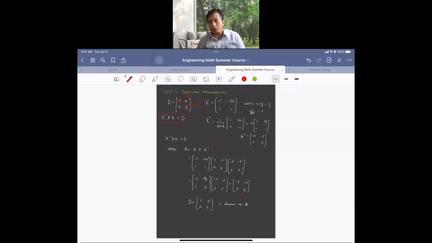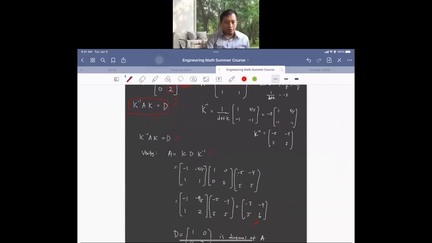In the morning sessions, we developed a new section on the matrix that we call eigenvalues and eigenvectors. Then we performed diagonalization to find the diagonal matrix, which has this property.